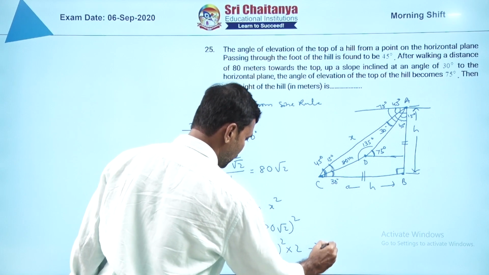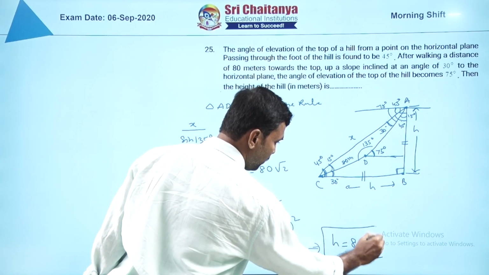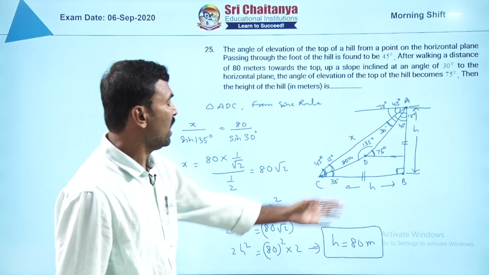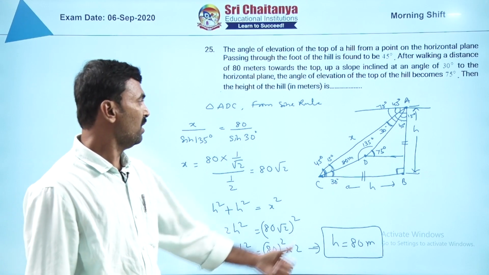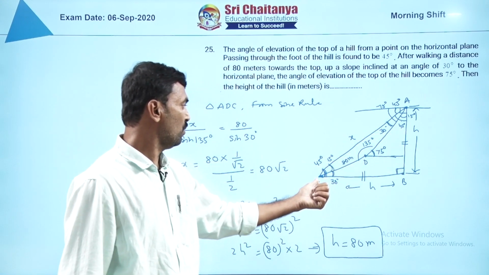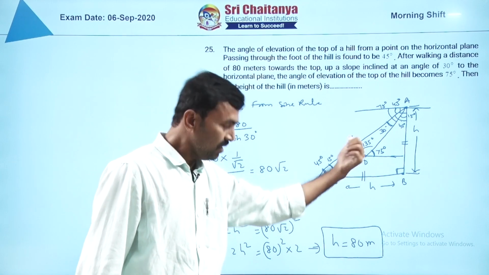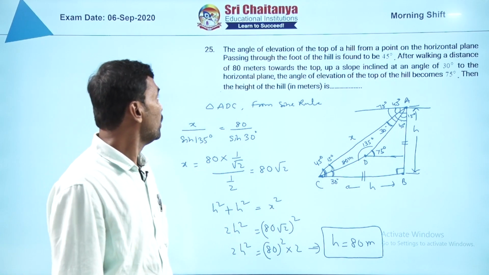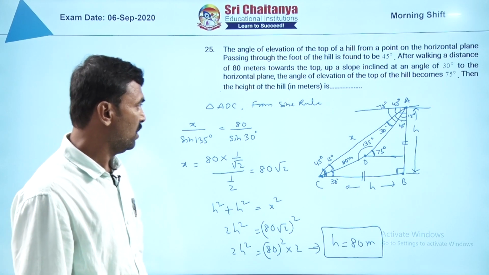So, this implies h value is 80. So, 80 meters is the answer. So, the height of the tower must be 80 meters. That means, the height of the tower is equal to the distance which you travelled from C to D. So, with this it completes 25th problem. Thank you.